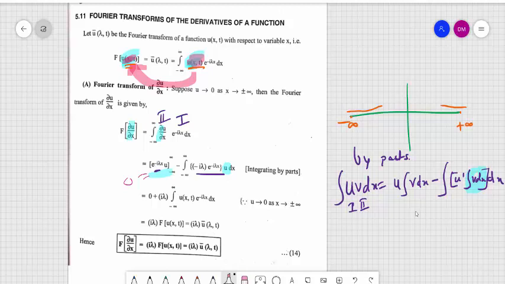U bar is a function of lambda and t in this way. This is the definition. So in this way we get the Fourier transform of the partial derivative with respect to x. Now let us go ahead.